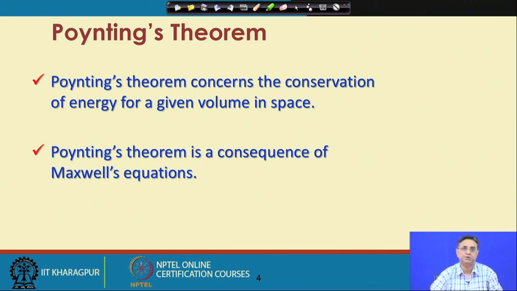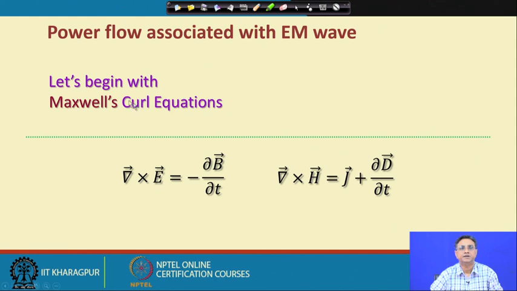We will correlate these two things, and this will be described through this Poynting theorem, which is actually a consequence of the Maxwell's equations, and we will start with the Maxwell's equations to arrive at the conclusion. So, let us begin with the Maxwell's curl equations.